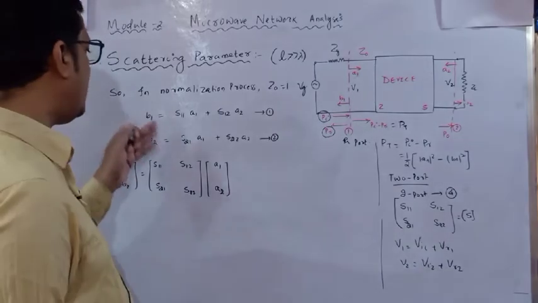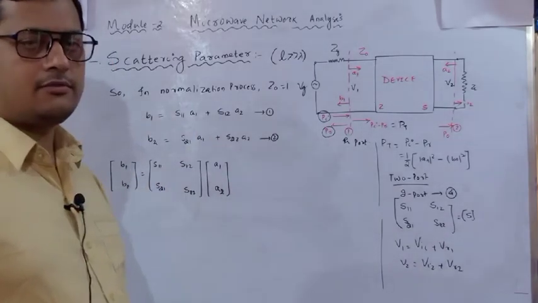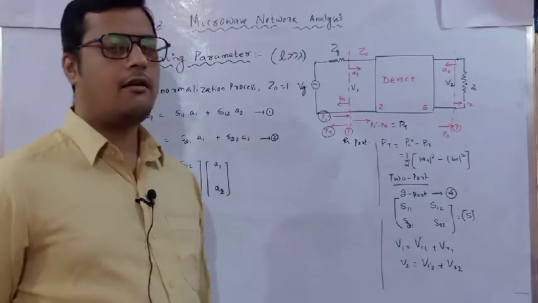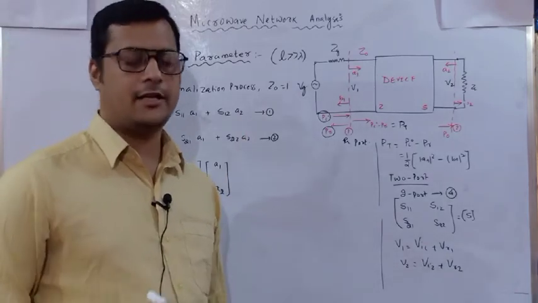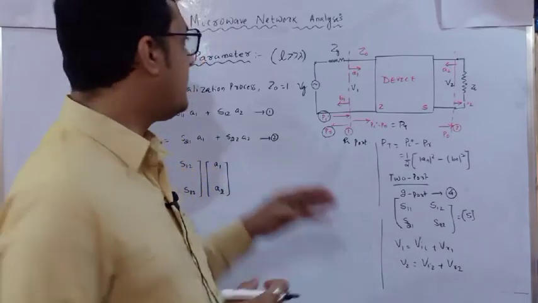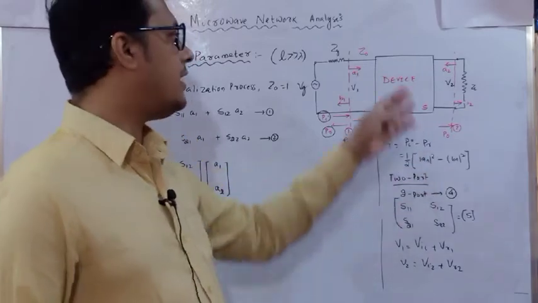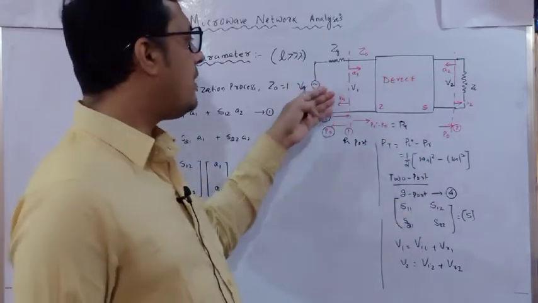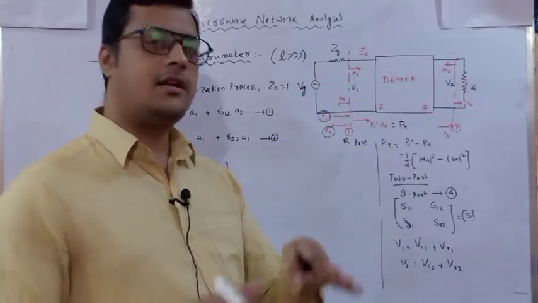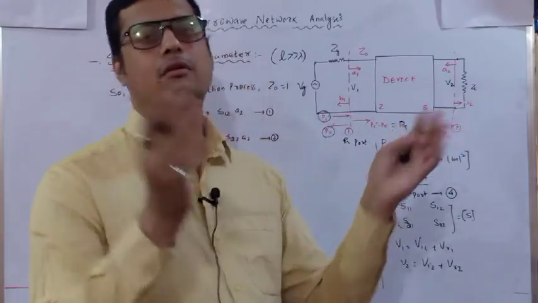If you resolve this, you will get two equations, and S11, S21, S22 and S12 are all called scattering parameters. Here power is going to be scattered, so that word is called scattering. So power is scattered into the two ports. Similarly, if there are n ports, power will be scattered throughout the ports.